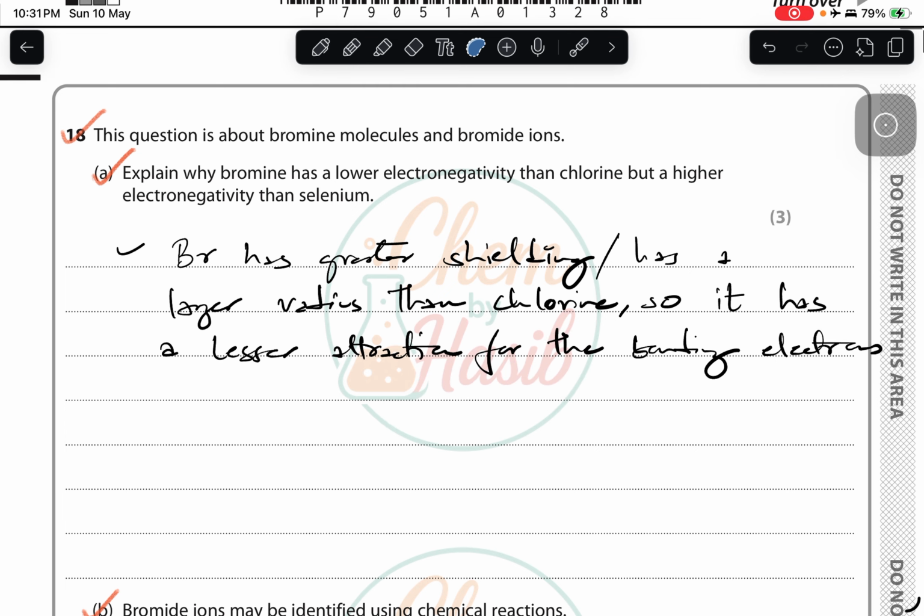Okay. Then you have to compare bromine and selenium. So bromine has more protons than selenium.